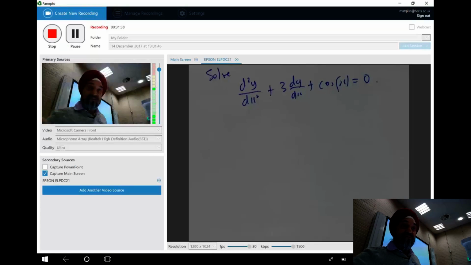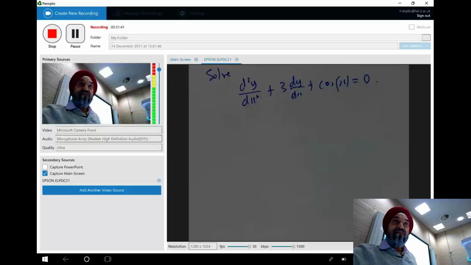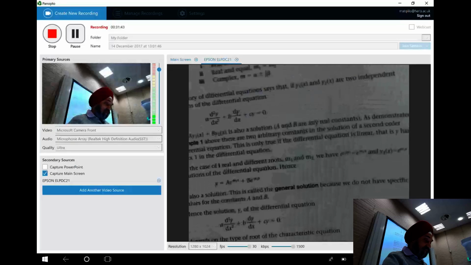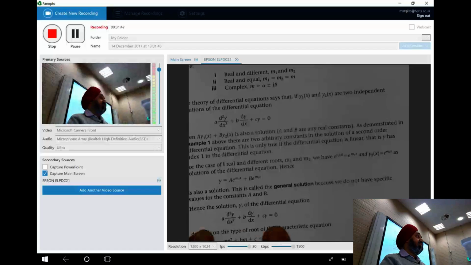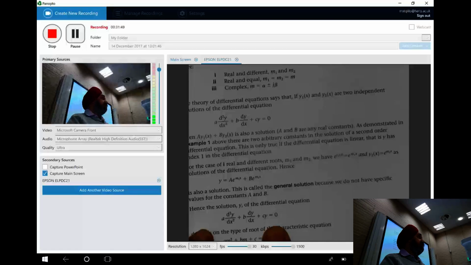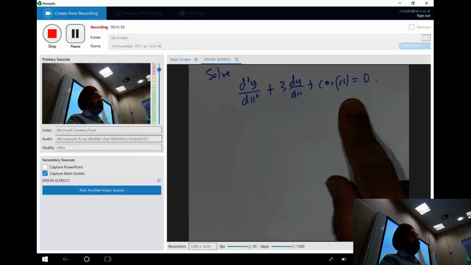If I go back, this is what we had, this is what we were given. That was a differential equation, a homogeneous differential equation. What about that one? It hasn't got y. It doesn't have to have a y, but something else. Nothing to do with the cos x.